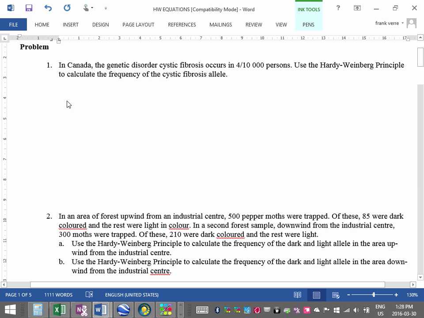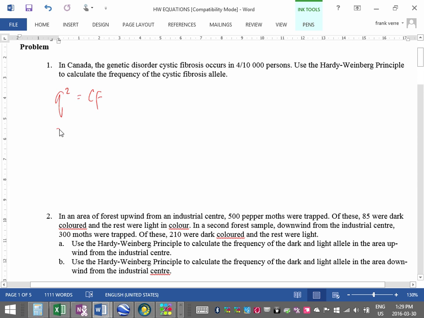So we know that for you to get cystic fibrosis, you need 2 copies of it. What allele represents the recessive one? Q. So Q squared is someone who has cystic fibrosis, because you need 2 copies to get the disease. If you have 1 copy, you're a heterozygote, you're still okay. So we have to work off the homozygous recessive.